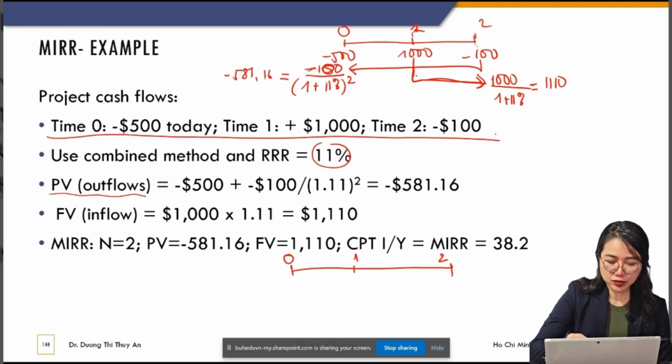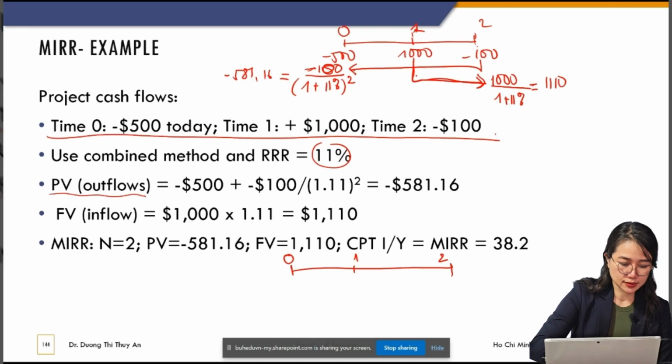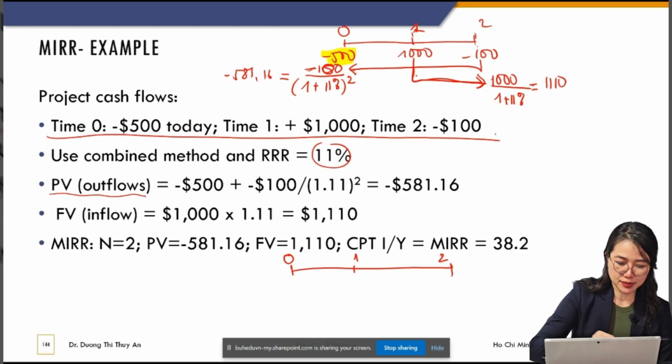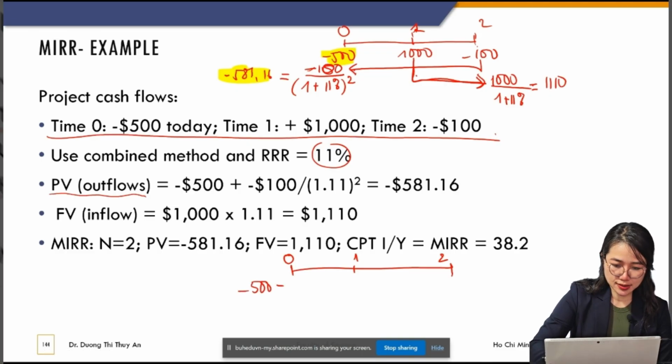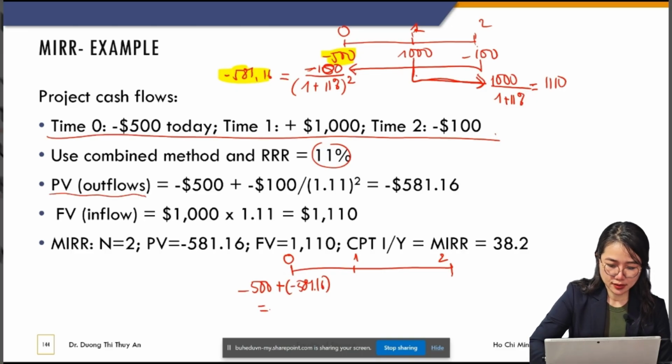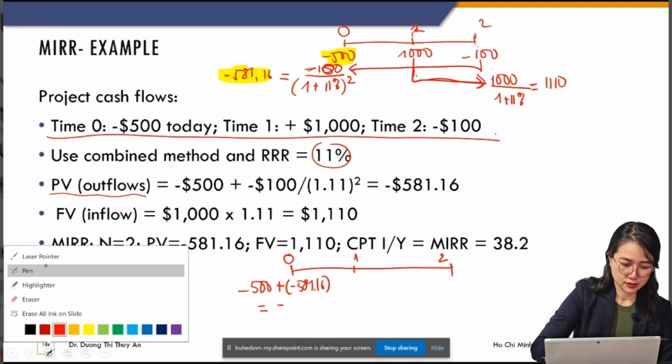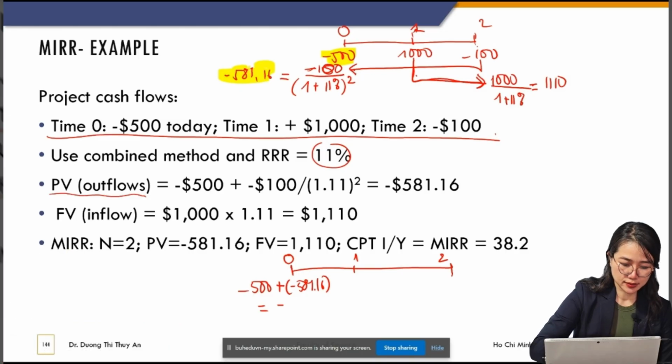Okay, at year 0, I have this number and I have this number. So we can take a sum. Oh, I'm sorry, not this. Sorry.